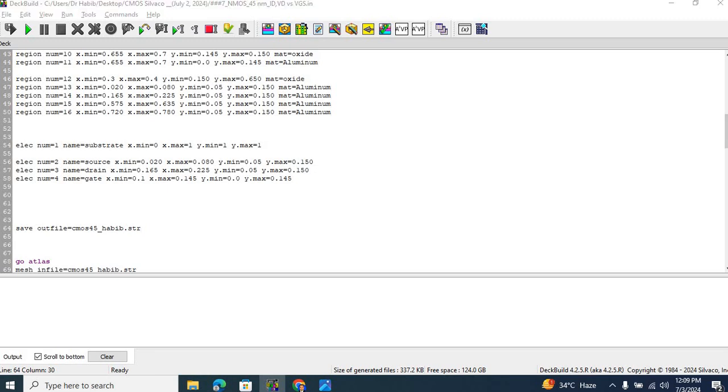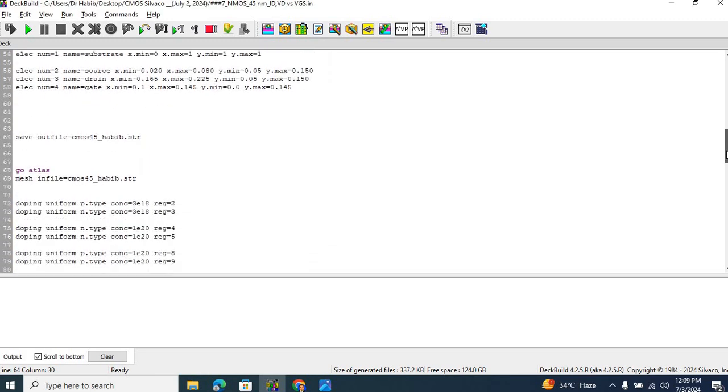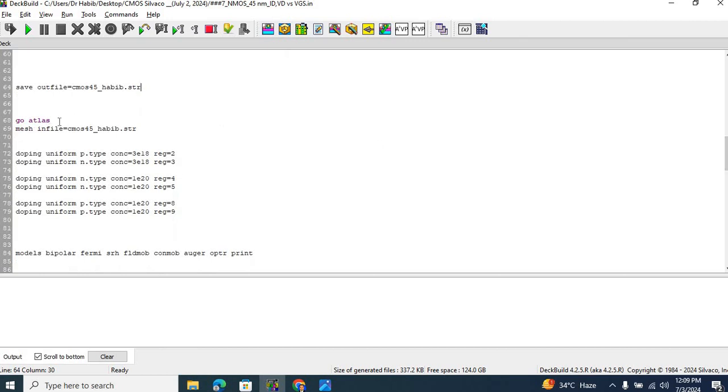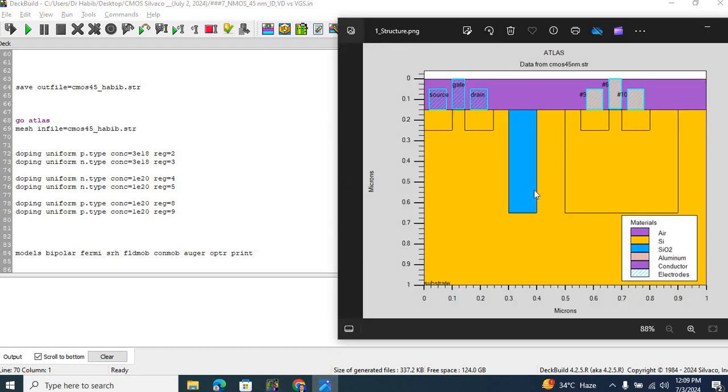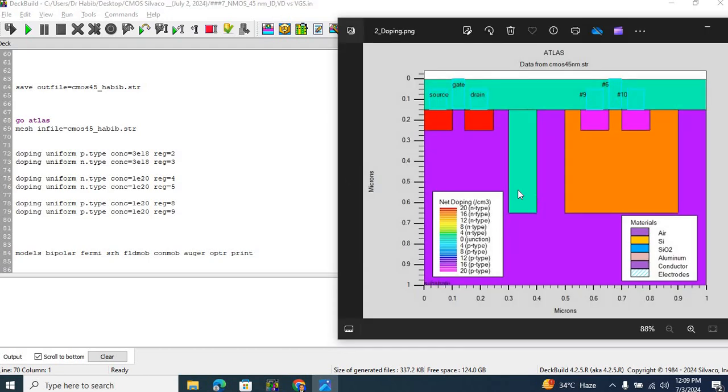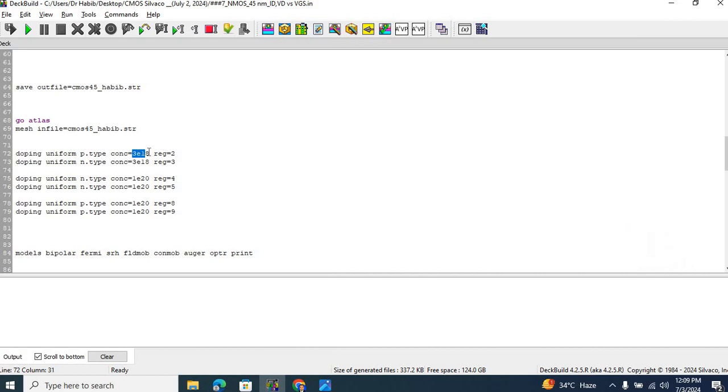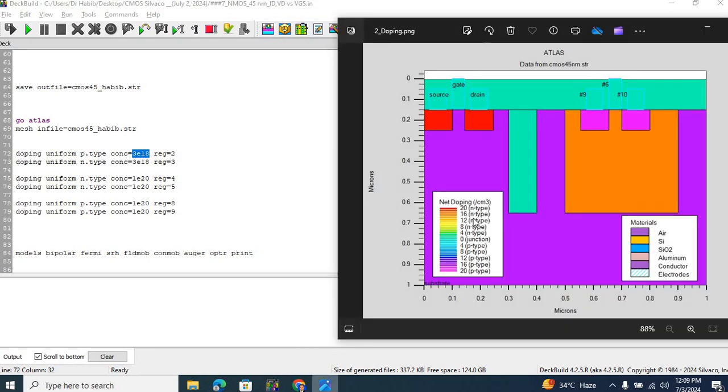Then I save the structure and start another module of Atlas, and I call the already created structure in this module as well, and then I define dopings for different regions of this structure. Let us move forward to the doping profiles. The substrate is p-type and it has a hole concentration of 3 into 10 to the power of 18 per centimeter cube.